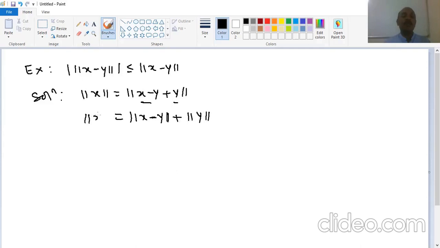This is norm of x, which is less than or equal to this. Now if we transfer this norm y to this side, norm of x minus norm of y is less than or equal to norm of x minus y.